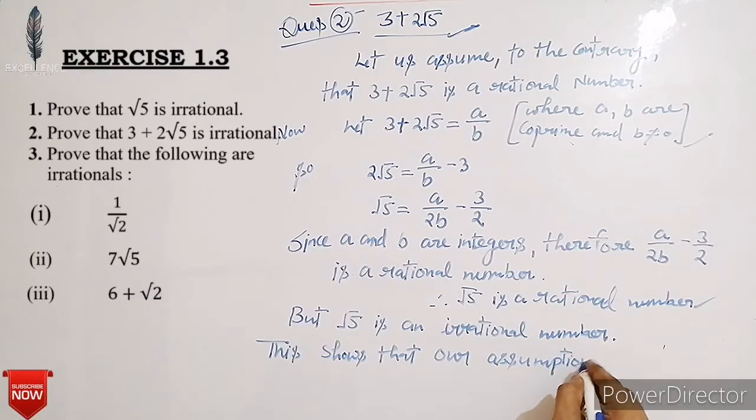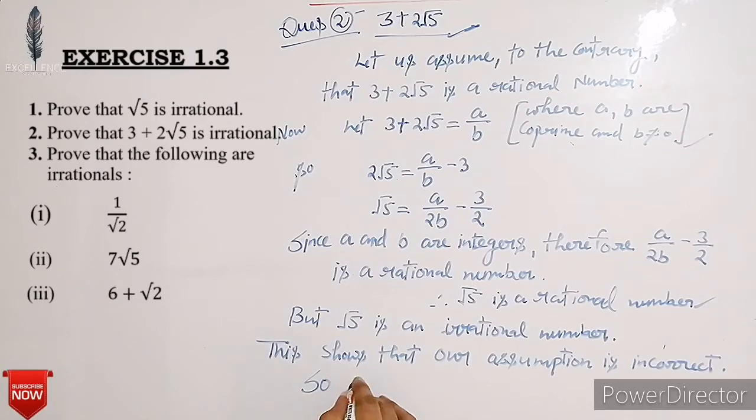So 3 plus 2 under root 5 is an irrational number. Okay. Here our assumption is incorrect. So 3 plus 2 under root 5 is an irrational number. Okay, students?